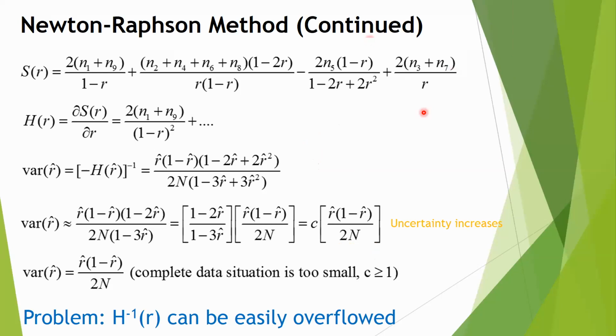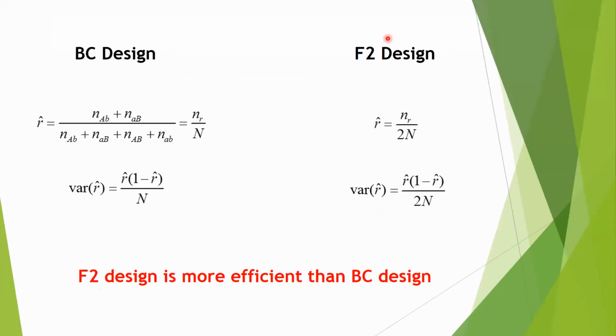Okay, to help answer this, let's do this. Last time when we compared the backcross design and the F2 design, we got this result, right? This means this variance is greater than this. Do you agree? If the total sample size n is the same, the F2 design is better than the backcross design because of the smaller variance of the estimation.